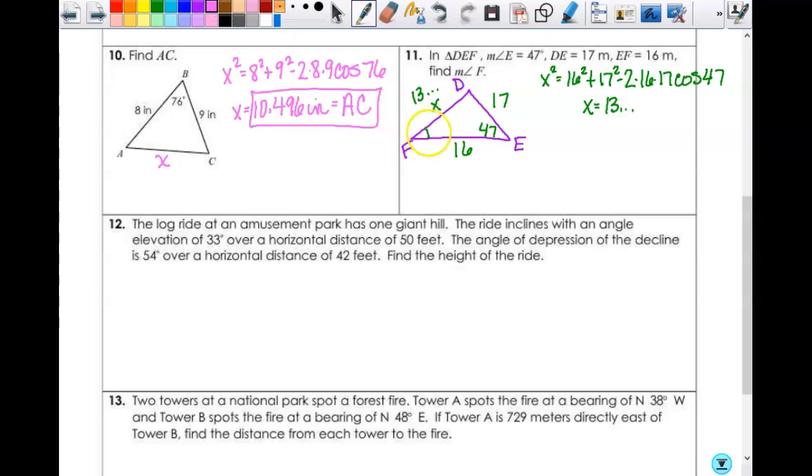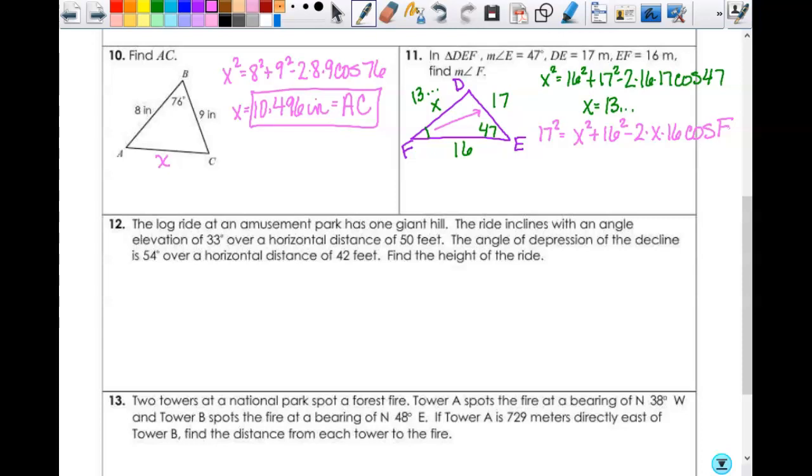And I'm looking for this angle here. So the side across from that's on the outside. So this gives me 17 squared equals, I have an x stored in my calculator. So this is x squared, my calculator x squared, plus 16 squared minus 2 times x times 16 times the cosine of F. And then you do whatever you do to get to that point, whether you do it all in one step or in pieces, but you're using that stored x to get that.